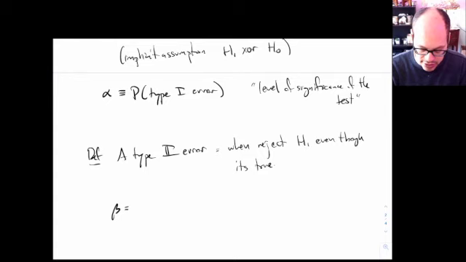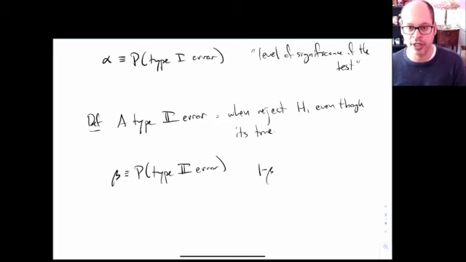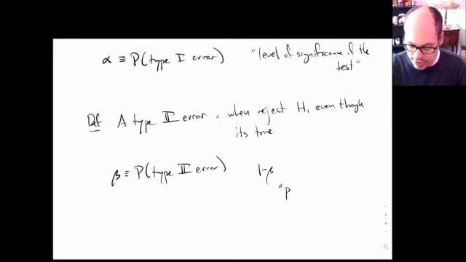So beta is the symbol we use to describe the probability of a type 2 error, and 1 minus beta, the probability that you found the result when there was a result to find, is called the power of the test.